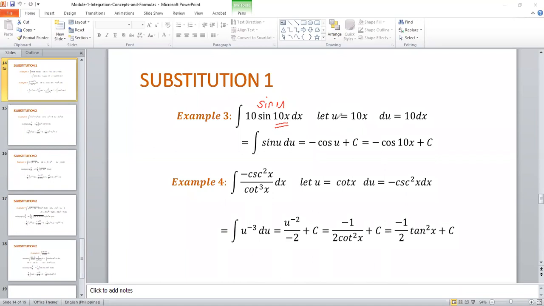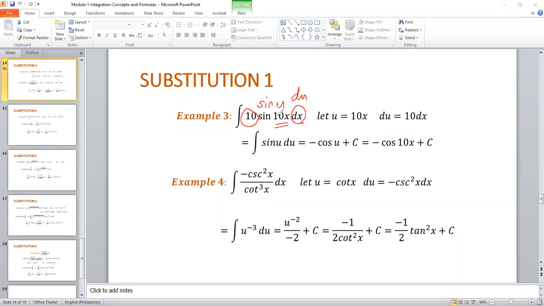So you can see here, u is equal to 10x because this is your sine u. What's the derivative of the 10x? It's 10 dx. So meaning the 10 that you see here, together with this dx, is actually the du. So you can now view this integral as sine u du.